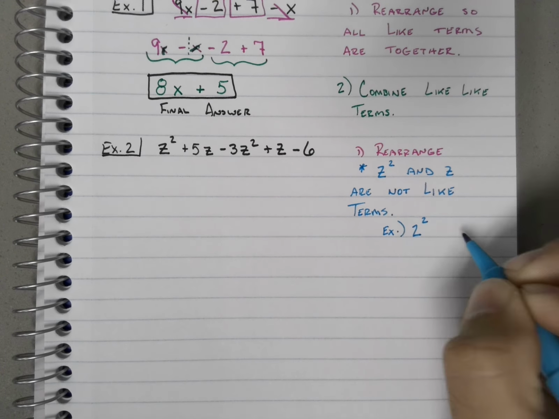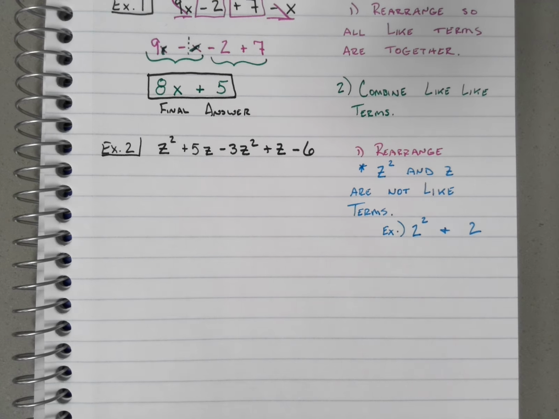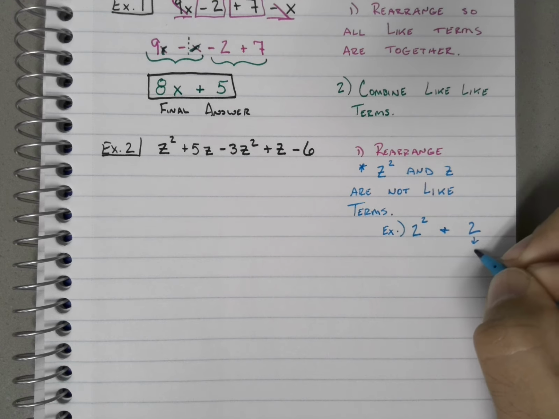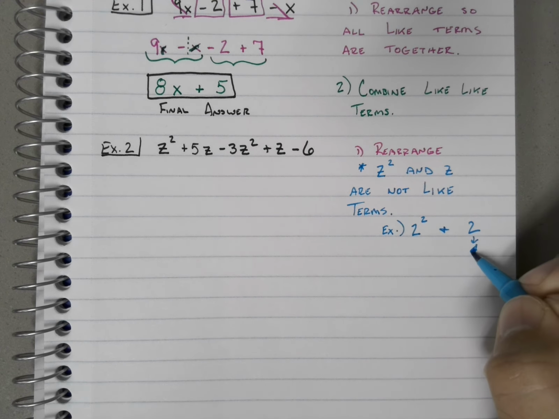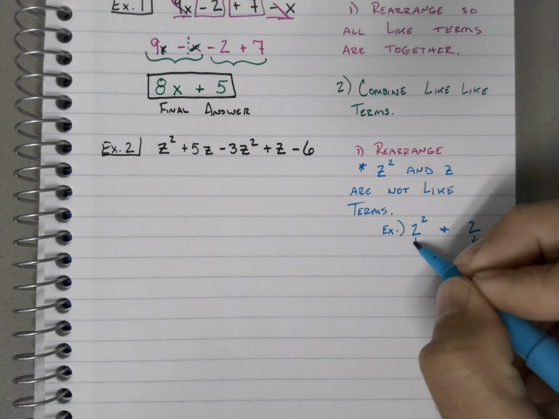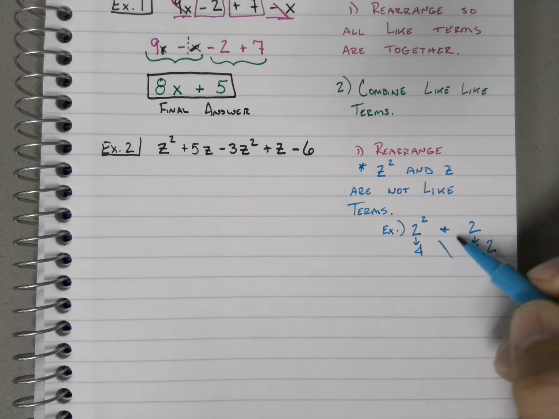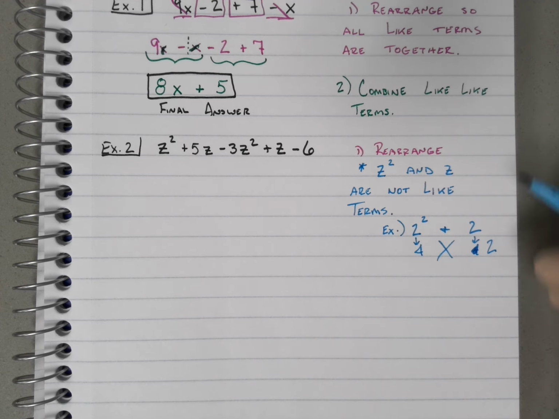Are 2 squared and 2 the same? Because if I put in a 2 for z, that's 2 squared and 2. Are they the same? This answer would be 4. I'm sorry. Whoops. This is 2. This answer would be 4. Therefore, they are not the same. Okay? So, z squared and z are not like terms.